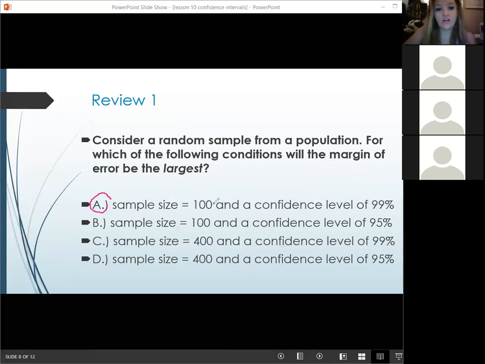So since we have a smaller sample size and a wide confidence level, our margin of error is going to be the largest, because remember, our margin of error is part of the spread of the data. That's why it would be A here. This is going to have the largest margin of error out of all of these. So good job.